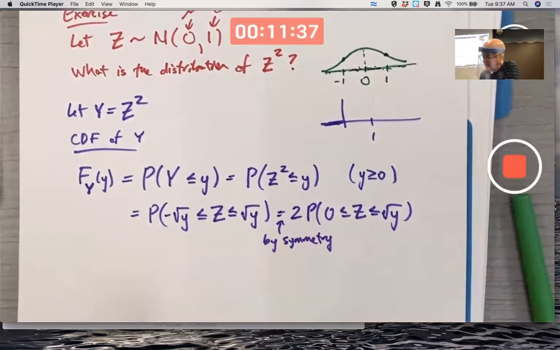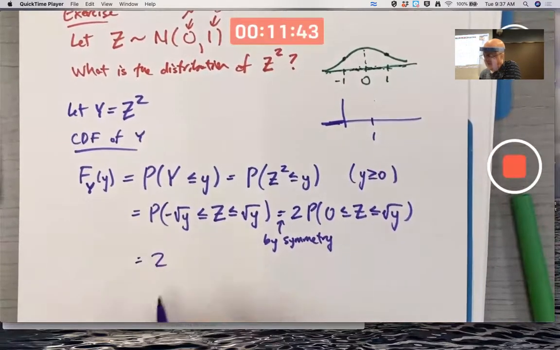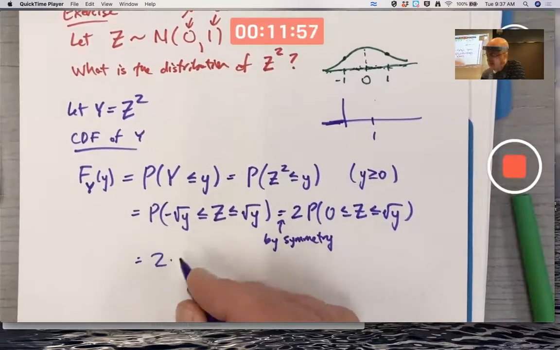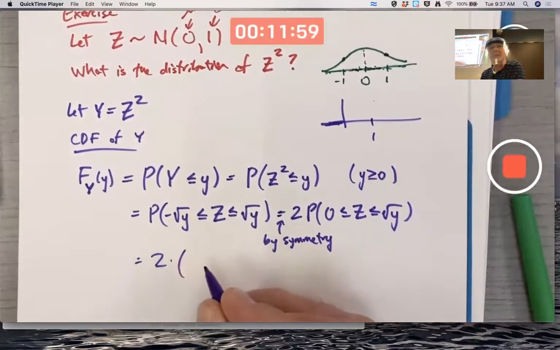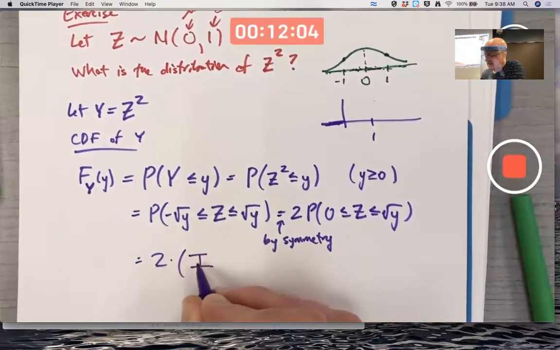Actually, yeah, that'll be a little easier. Let me write the CDF of z in its actual usual form that people use outside of our textbook. The CDF of a standard normal random variable, I think I mentioned this last Thursday, is typically written as capital phi.